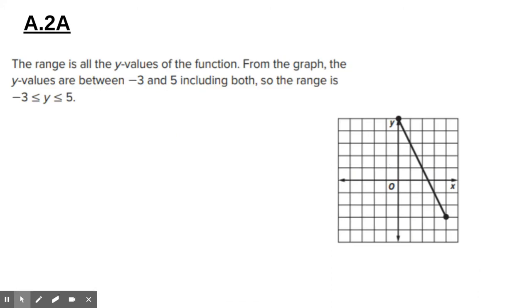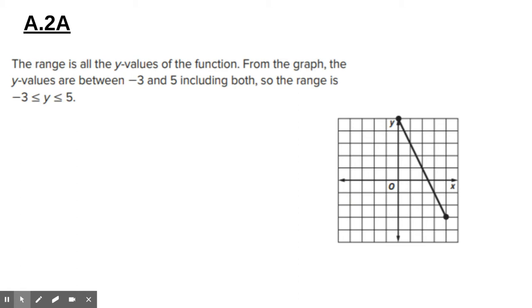The range is all the y values of the function. From the graph, the y values are between -3 and 5. So I want to show you how that looks. This isn't a problem, this is just showing you how it looks on a graph.